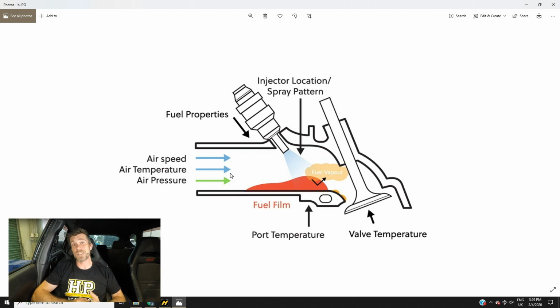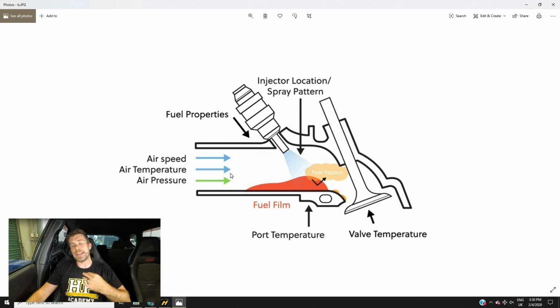I can't tell you what size it's going to be because that's going to depend on so many factors specific to your engine. What's important to understand is that when we go from basically a closed throttle, steady state conditions, and we mash that throttle open, the manifold pressure understandably is going to rise really sharply. As that manifold pressure increases sharply, what happens is that the size of the fuel film will increase.